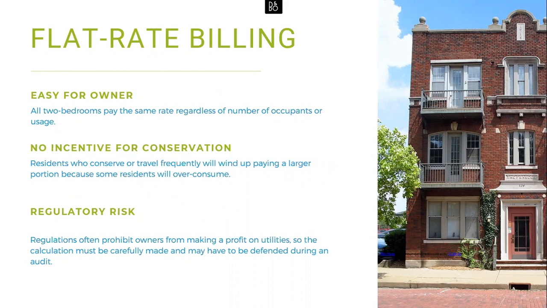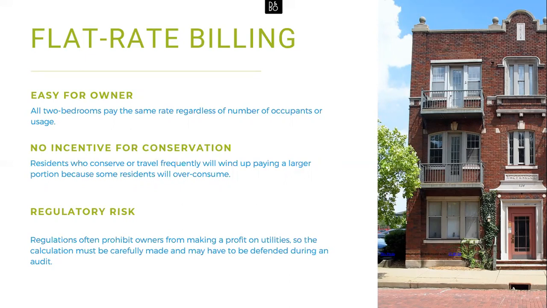Sure. Well, the pro is that the owner sets the rate based on, let's say, a unit size or the number of bathrooms or some kind of method that's easy to calculate, using maybe the annual expense and dividing it by the number of units to figure out approximately what a per unit charge should be.